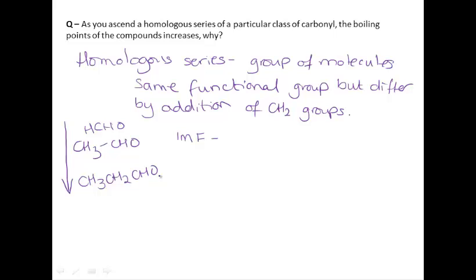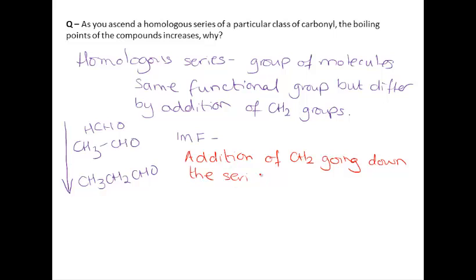Okay, so as we go down the homologous series, we've got an increase in the number of atoms. So addition of CH2s going down the series means there are more atoms and therefore more electrons present.